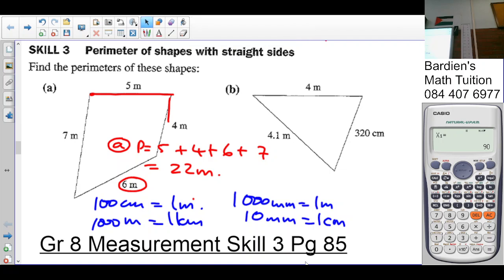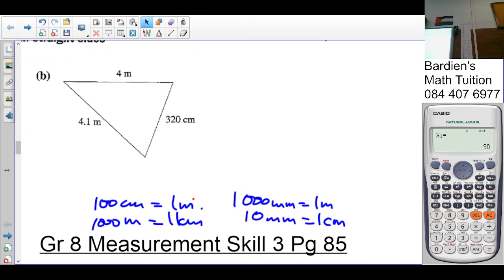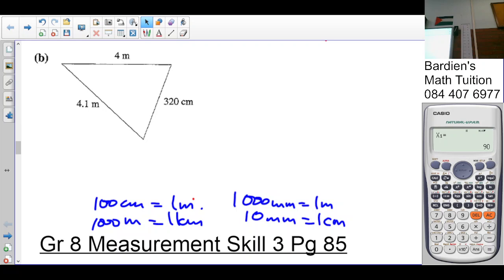However, looking at B, what do you notice in B? They're not the same. Little problem here. Not so? So what do we have to do first? Make it the same. Okay. We normally convert it to the smaller SI unit. But you, that kind of girl that wants to work in meters, no problem.